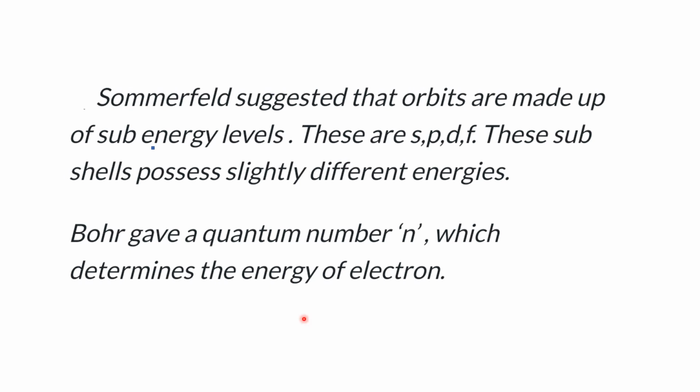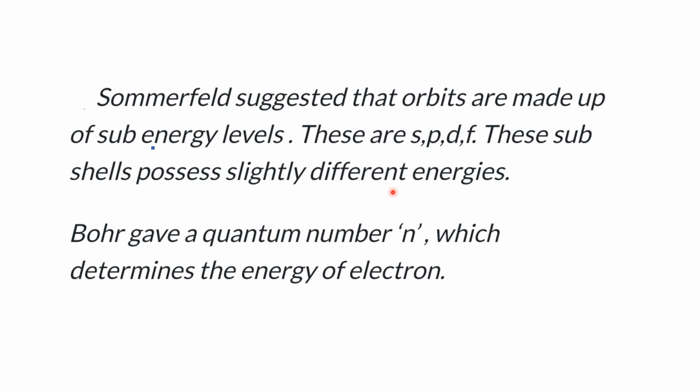Sommerfeld suggested that the orbits are made up of sub-energy levels, which are represented as s, p, d, f. These possess slightly different energies. So here, when an electron is present in an orbit, maybe in the first orbit or second orbit, the energy of the first orbit is different from the energy of the second orbit, and second to third, third to fourth, and so on.